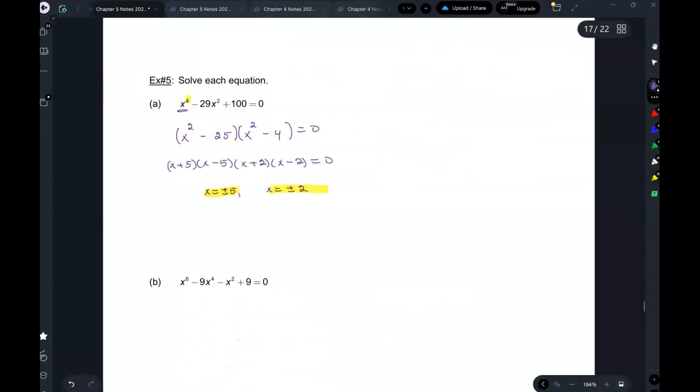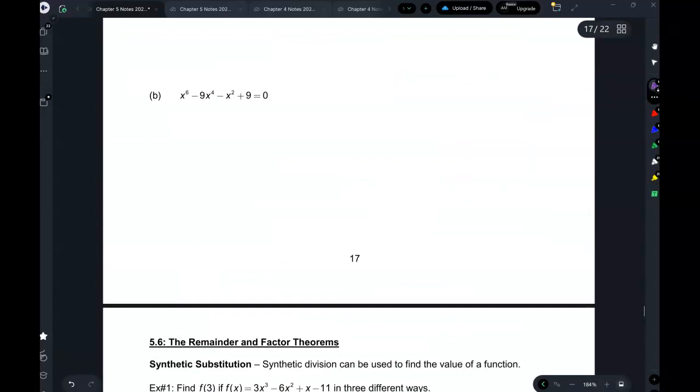Okay, how can we factor this? 4 terms, grouping. So first, I factor out x to the 4, and I get x squared minus 9, minus, that's it, just a minus, x squared minus 9 equal to 0.